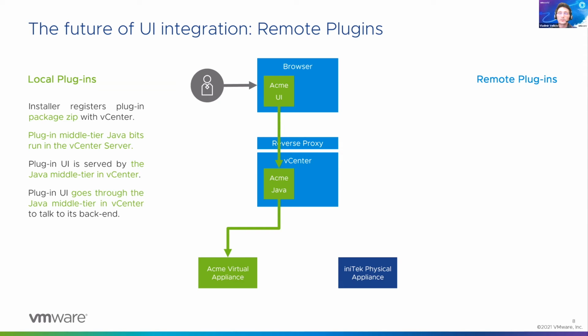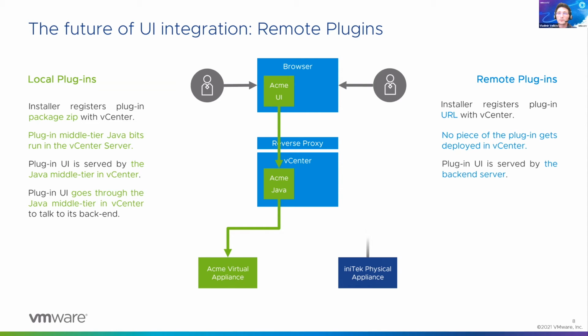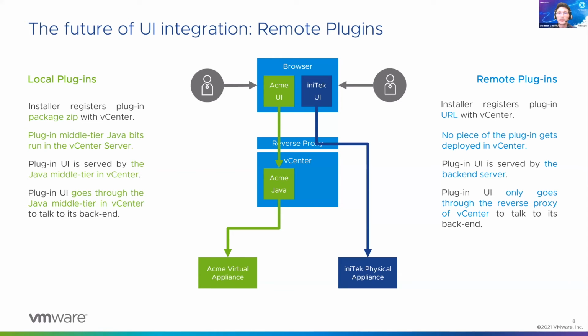Remote plugins change this picture by serving the UI directly from the backend. And the UI is able to talk to the backend through the reverse proxy of the vCenter. Now, the difference is subtle, but extremely important.